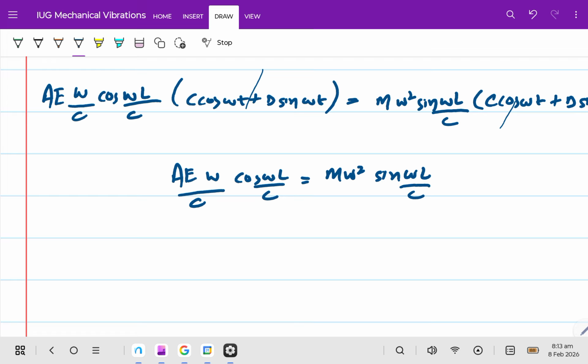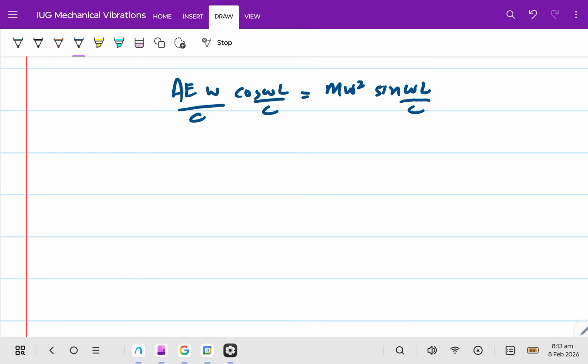Since sine theta upon cosine theta is equal to tangent, and you can cancel out a few things here, omega to the power minus 1, it will become AE over c into m, equals sine omega L over c divided by cosine omega L over c, which is tangent omega L over c. That's what we have.